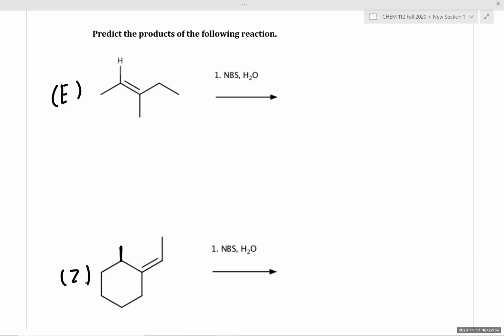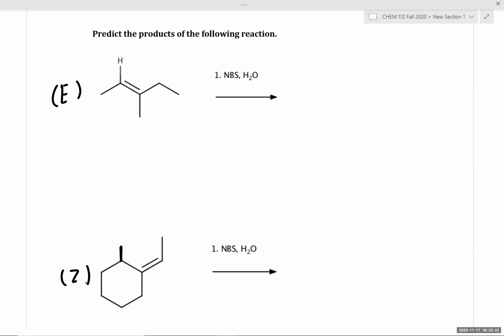Okay, so let's make a model. We have to make a model of this first structure. And again, I recommend when you make your model, you use one of the carbon atoms that has five of those modifiable holes in your model kit, because it makes it easier for you to show the attack on the bromonium intermediate.